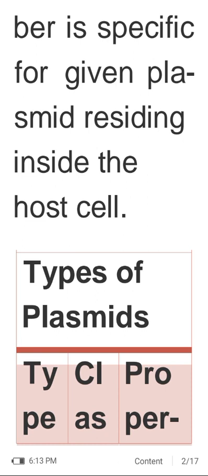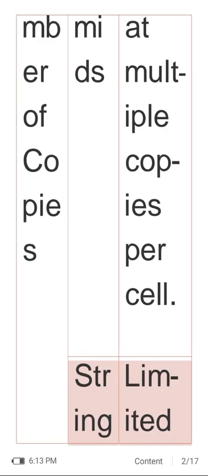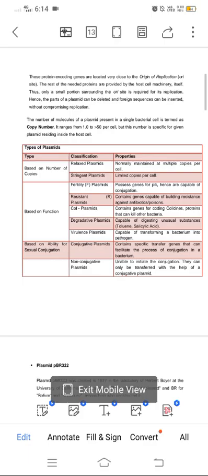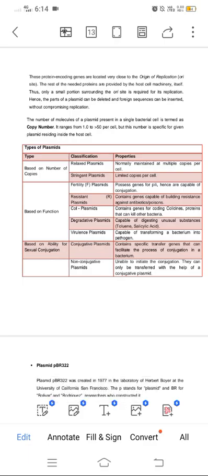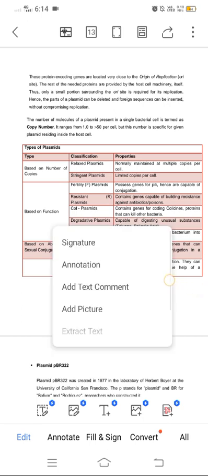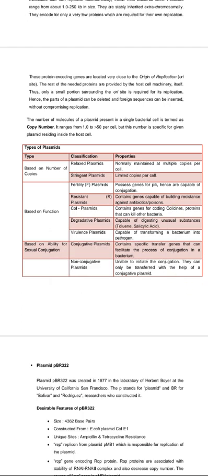There are different types of plasmids, as you can see in this figure: relaxed plasmids, stringent plasmids, fertility plasmids, resistance plasmids, degradative plasmids, and virulence plasmids, which are capable of transforming a bacterium into a pathogen.